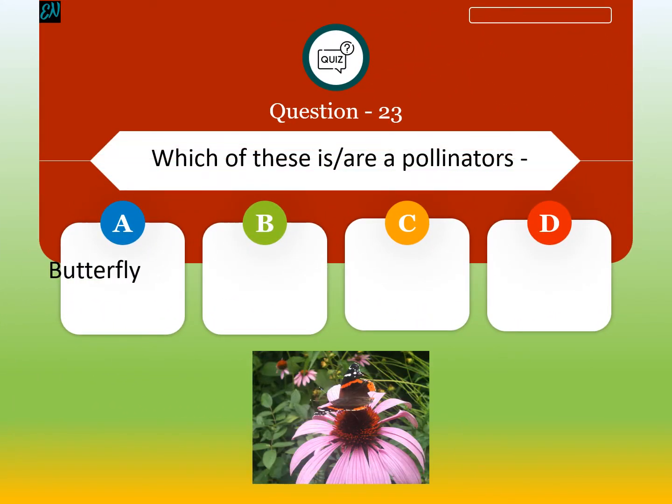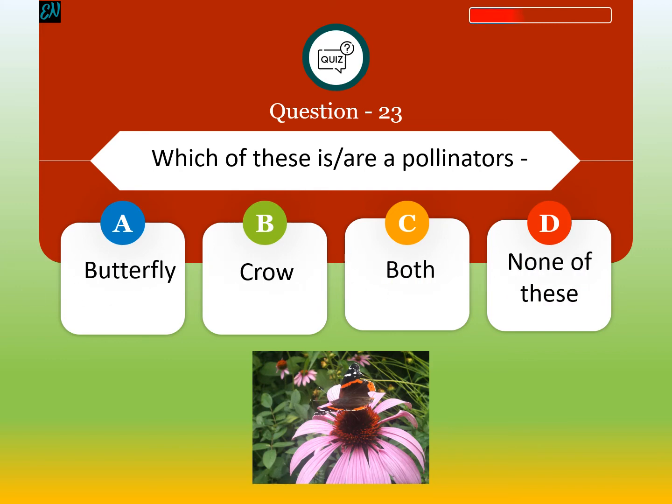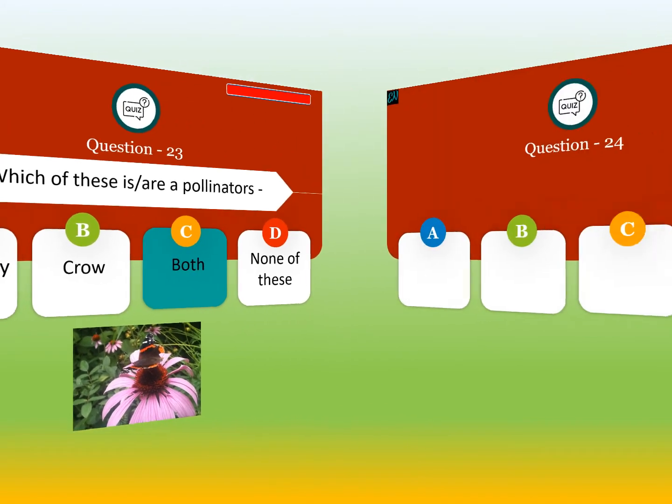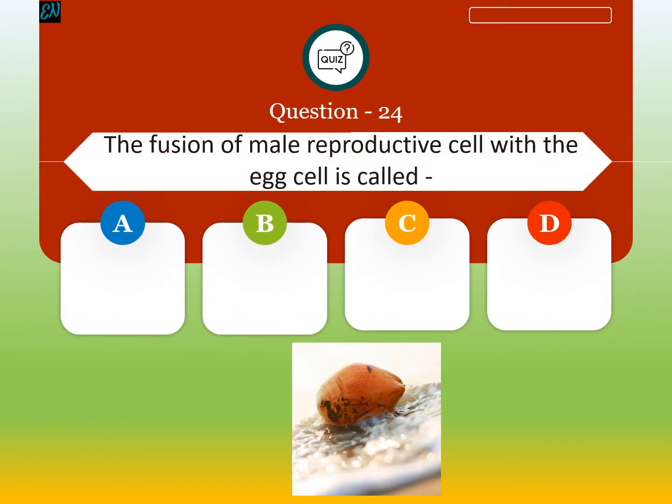Question number 23. Which of these is or are a pollinators? Butterfly, crow, both, or none of these? So butterfly and crow both are the pollinators. The fusion of male reproductive cell with the egg cell is called as germination, pollination, adaptation, or fertilization.